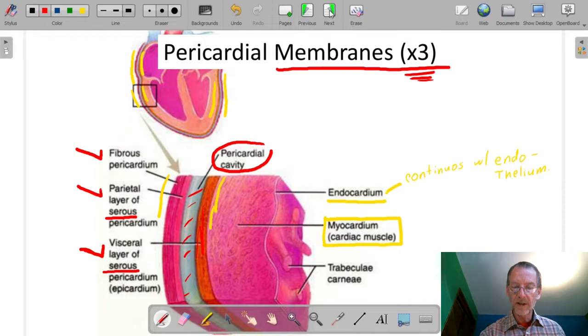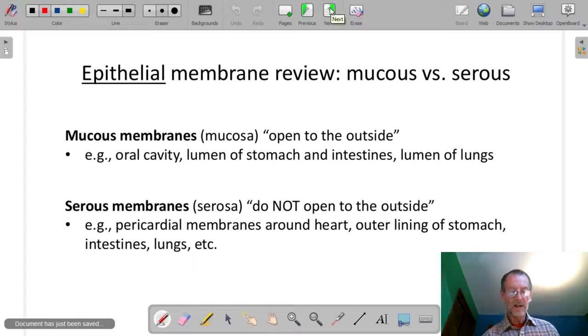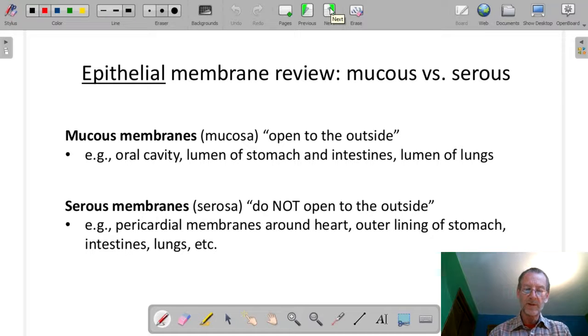So let's go to the next slide, which I think is a review of mucous versus serous. So we're talking about the serous pericardium. So let's just review these two types of epithelial membranes. You remember that epithelial membranes line surfaces. Well, if it's a mucous membrane, those surfaces open to the outside of the body.